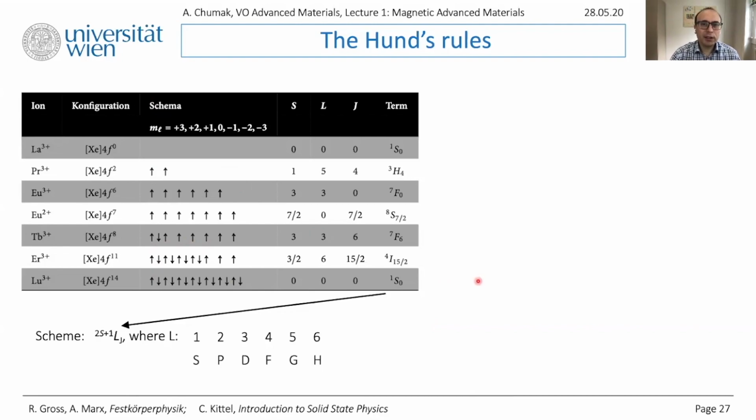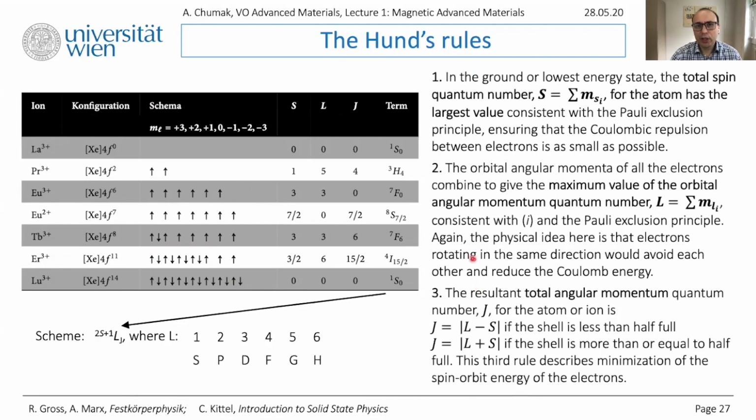The answer is given by the empirical Hund's rule, which tells us that first of all, we fill our orbitals in a way that the total spin angular momentum will be maximal. So if you have here 1, 2, 3, 4, 5, 6, 7 slots, and in each of them you can put 2 electrons, you first start to put electrons one by one with the same spin orientation, like it's shown here.